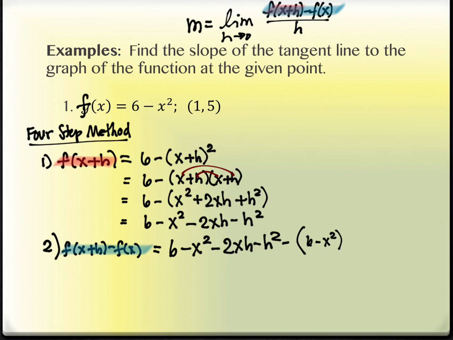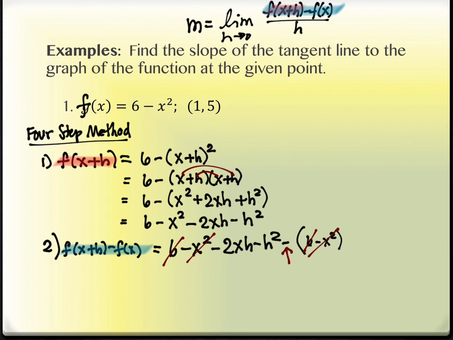And as promised, I do in fact see things start to cancel. What do you see that will cancel? The 6's. Yep. This right here is now a minus 6 because there's a negative on the outside, right? So the 6's are going to cancel. What else is going to cancel? X squared. This one's negative x squared, and then when I distribute the negative through there, I'd have positive x squared.